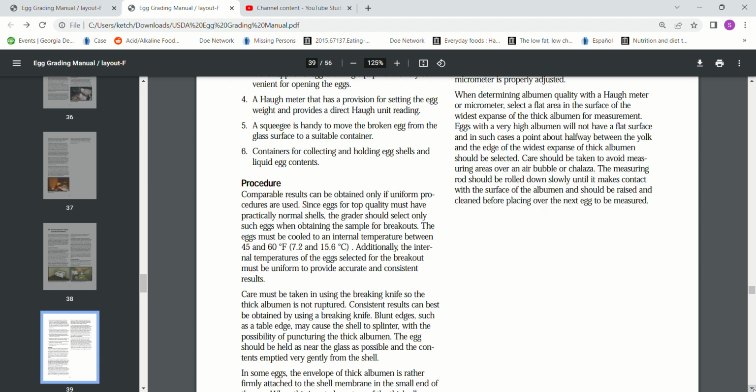Care should be taken to avoid measuring areas over an air bubble or chalaza. The measuring rod should be rolled down slowly until it makes contact with the surface of the albumen and should be raised and cleaned before placing over the next egg to be measured.